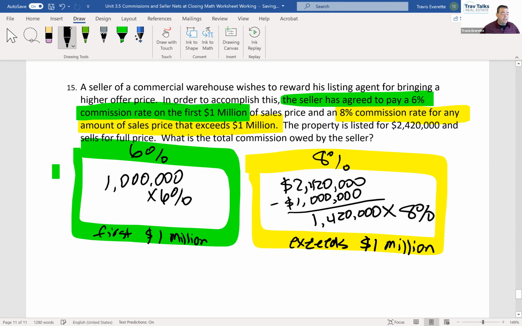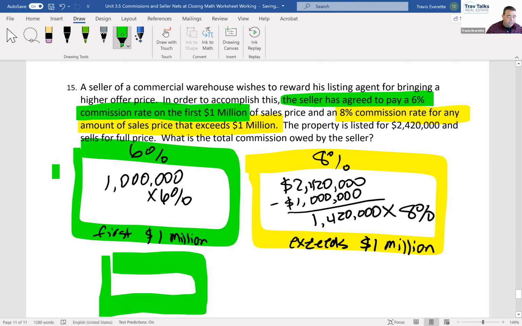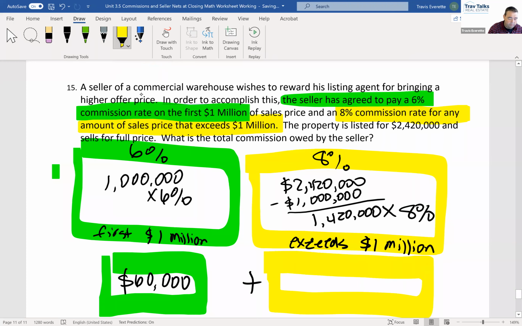We're ready to do some math and add these up. So for the green one, I got 1 million times 6%, that's $60,000. Plus, and now my yellow box over here, I've got 1,420,000 times 8%.